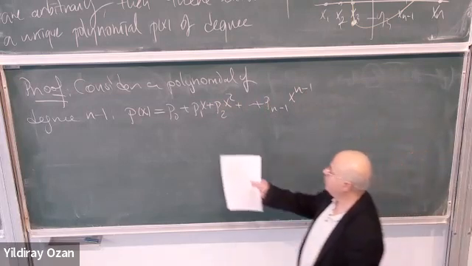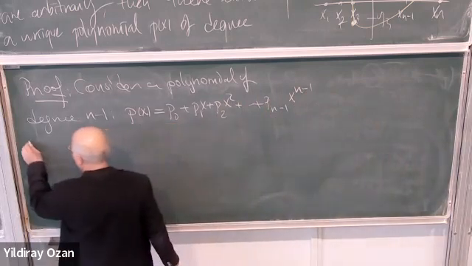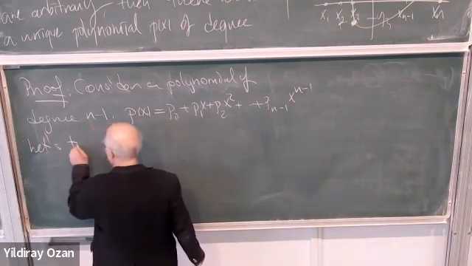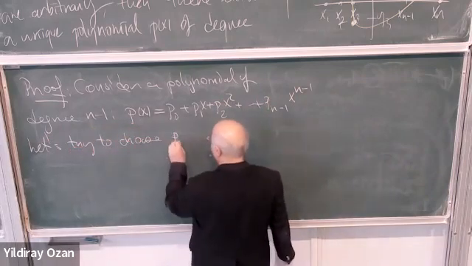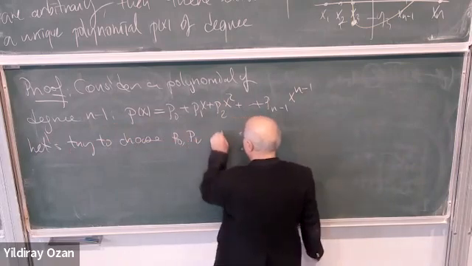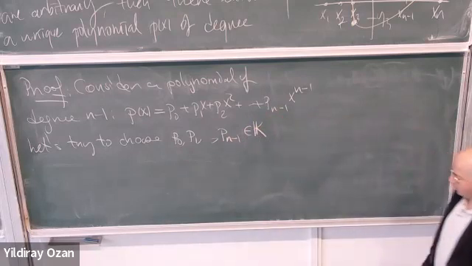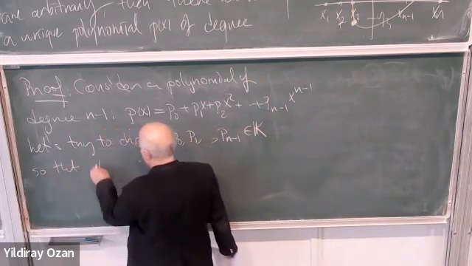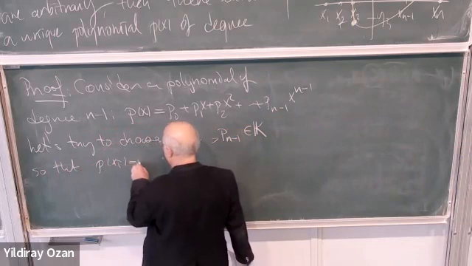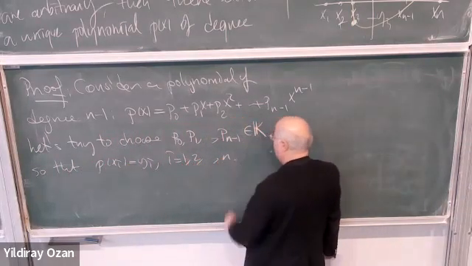And then let's try to choose these coefficients P0, P1, up to Pn-1, these coefficients in the field K, so that P(xi) is equal to yi for all i from 1 up to n.